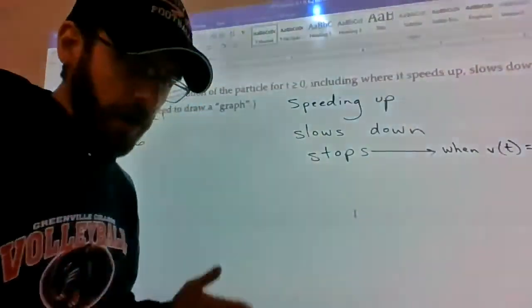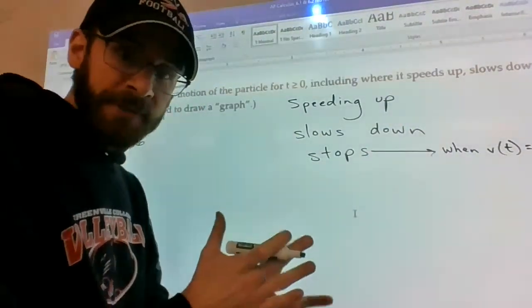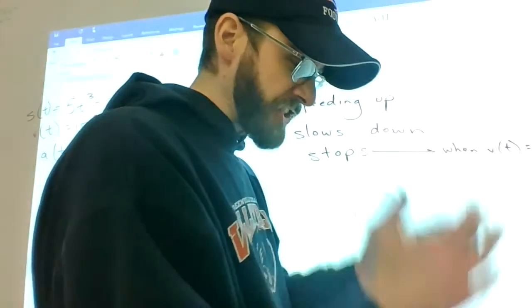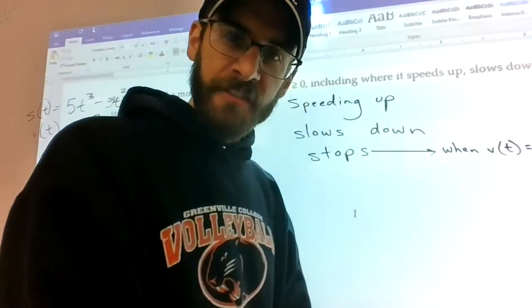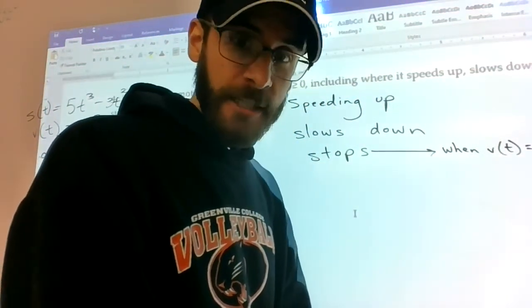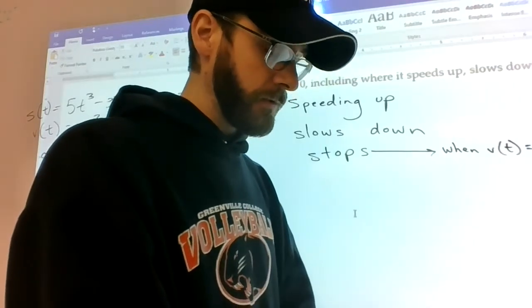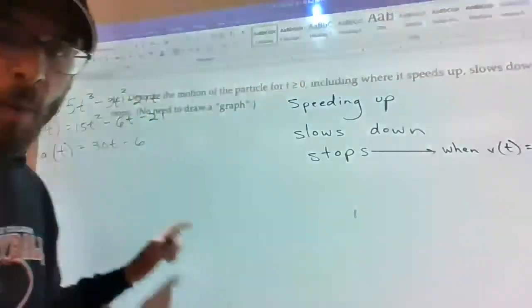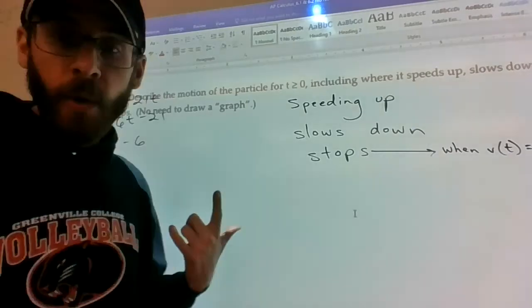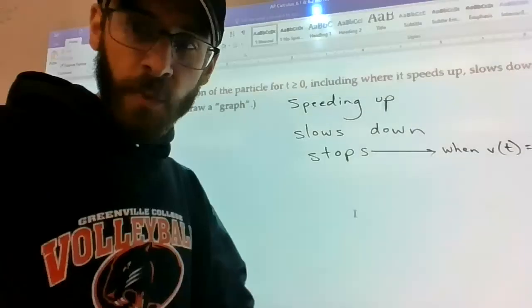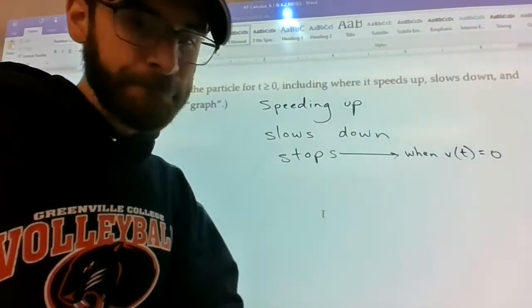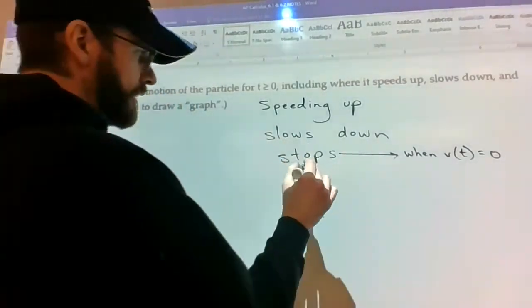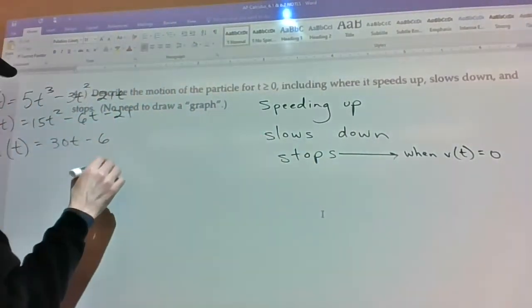My velocity is the rate at which my position is changing. When my position stops changing, that means the velocity is 0 feet per second. So we just have to find the solution for when the velocity equals 0, and we've got the places where it stops. So that'll be my first task.